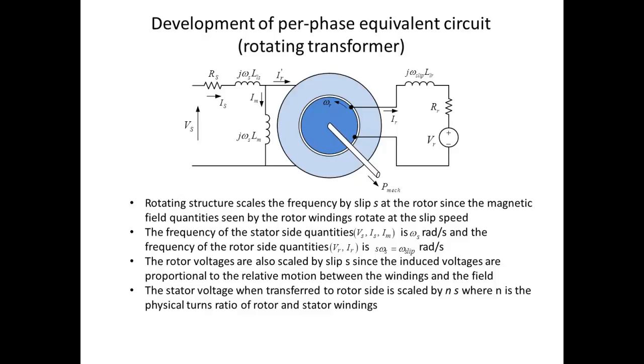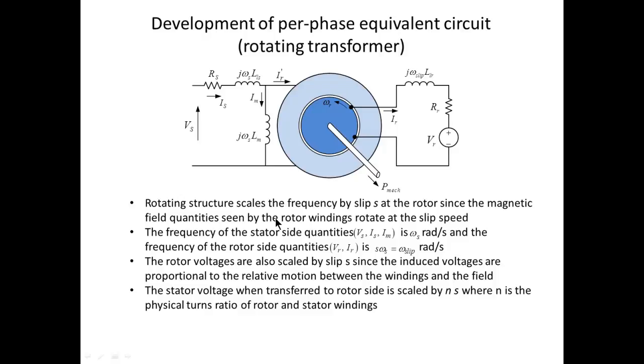So it's a difference between omega s and omega r. Omega s minus omega r is the speed at which the rotor windings see the magnetic field created by the stator windings rotate. Therefore, the induced voltages on the rotor winding are exactly at the difference speed, which is omega slip, omega s minus omega r. So you'll see that the IR as well as the VR that we need to inject from the rotor side converter will, at least in steady state, be at the frequency corresponding to omega slip.